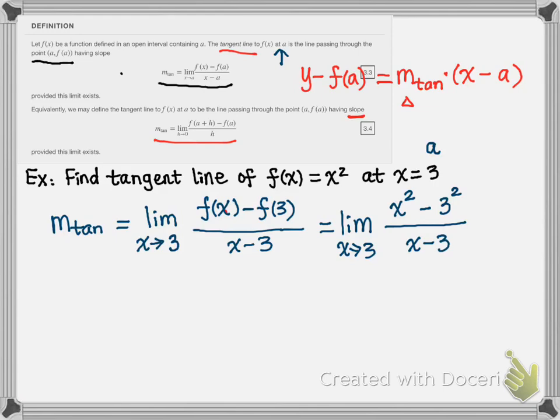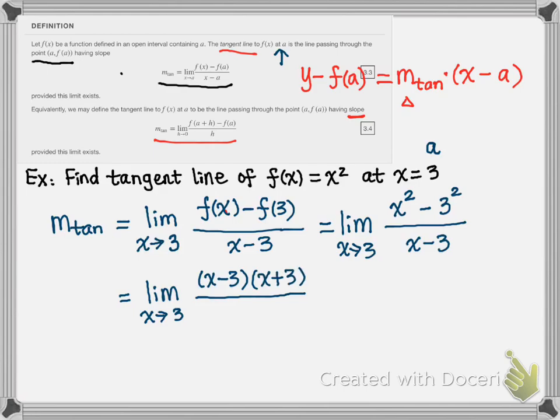Or you keep it as 3 squared, because you know in order to find the limit, we need to factor, because direct substitution gives us a 0 in the denominator. So we're still finding the limit as x approaches 3. On the top, we can factor, and it's a difference of squares. So we have x minus 3, x plus 3.